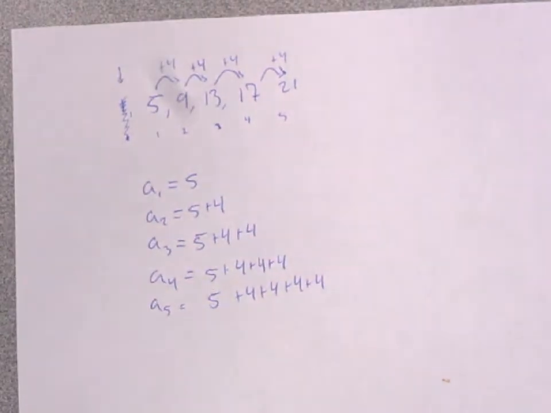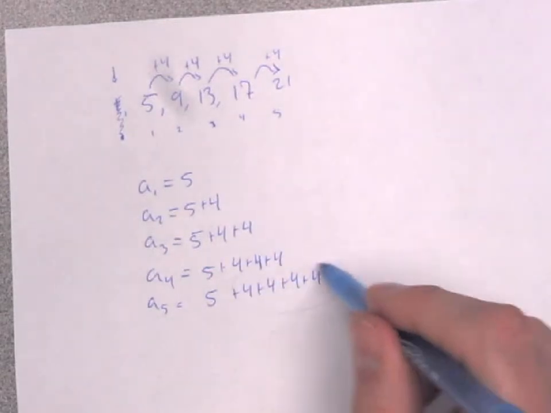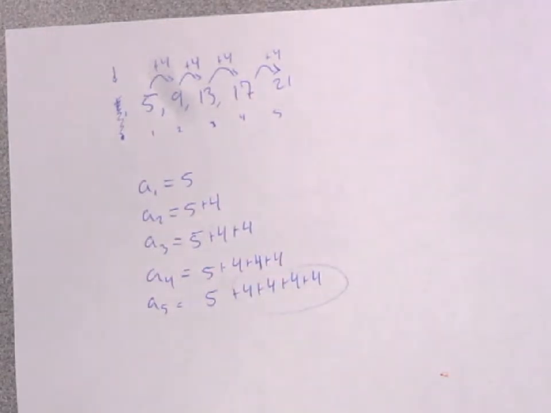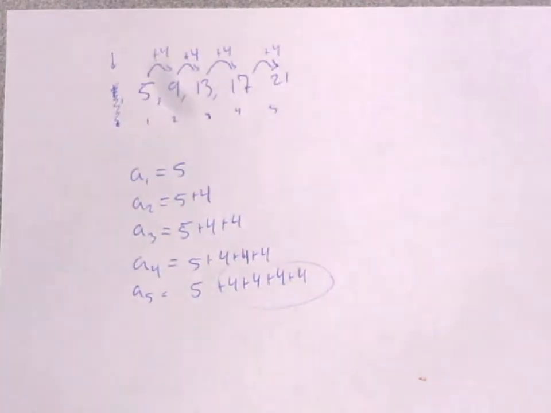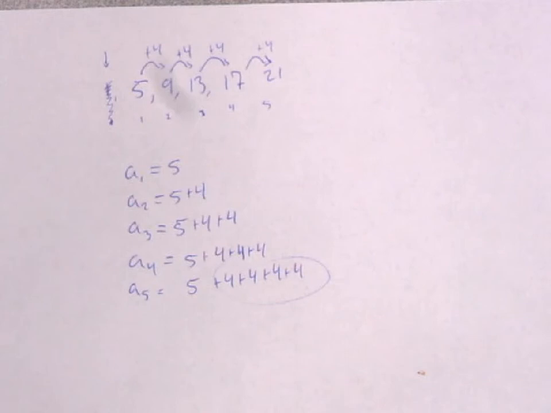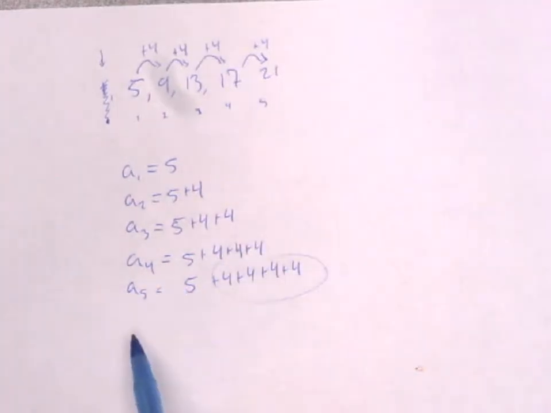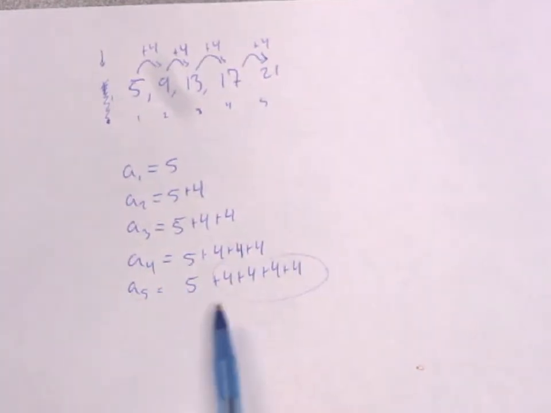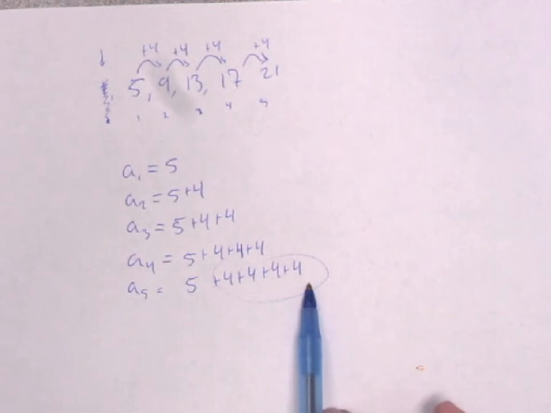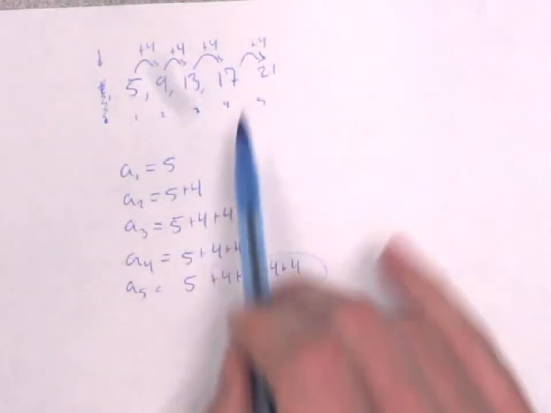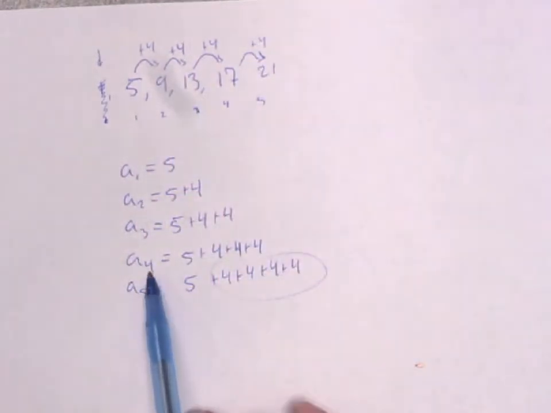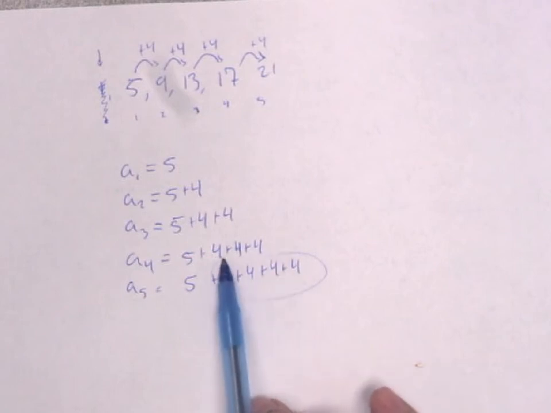Now this gets kind of tedious, right? You look at this and you're like, oh, that's annoying. I don't want to write plus 4 plus 4 plus 4. So we've got to figure out a way to shorten that to make it easier for ourselves. Let's think about the relationship here. At position 5, I've added 4 four times: 1, 2, 3, 4. At position 4, I've added 4 three times.